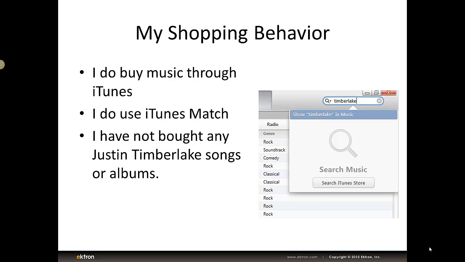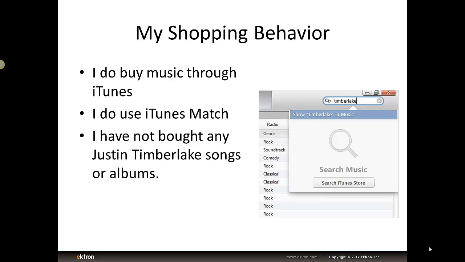I use iTunes Match. I've uploaded my entire library, whether it was purchased before iTunes or after, into Apple's space. They know all of my songs, and none of those are Justin Timberlake songs. And this is an actual search on my iTunes system. And you can see I have no Justin Timberlake songs on there.